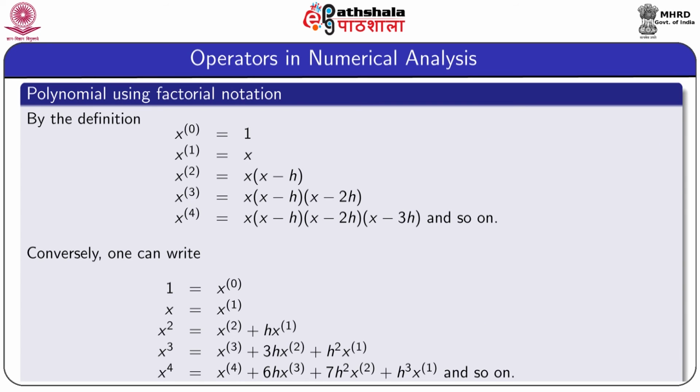Now, some particular cases of factorial power notation are defined here: x factorial 0 equals 1, x factorial 1 equals x, x factorial 2 equals x into (x minus h), and so on.